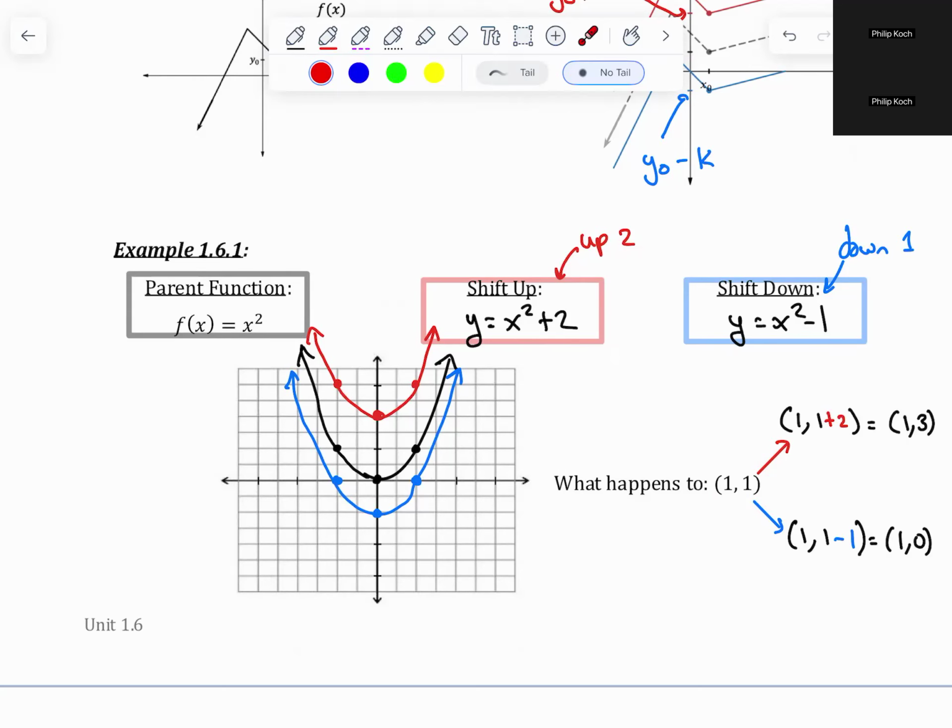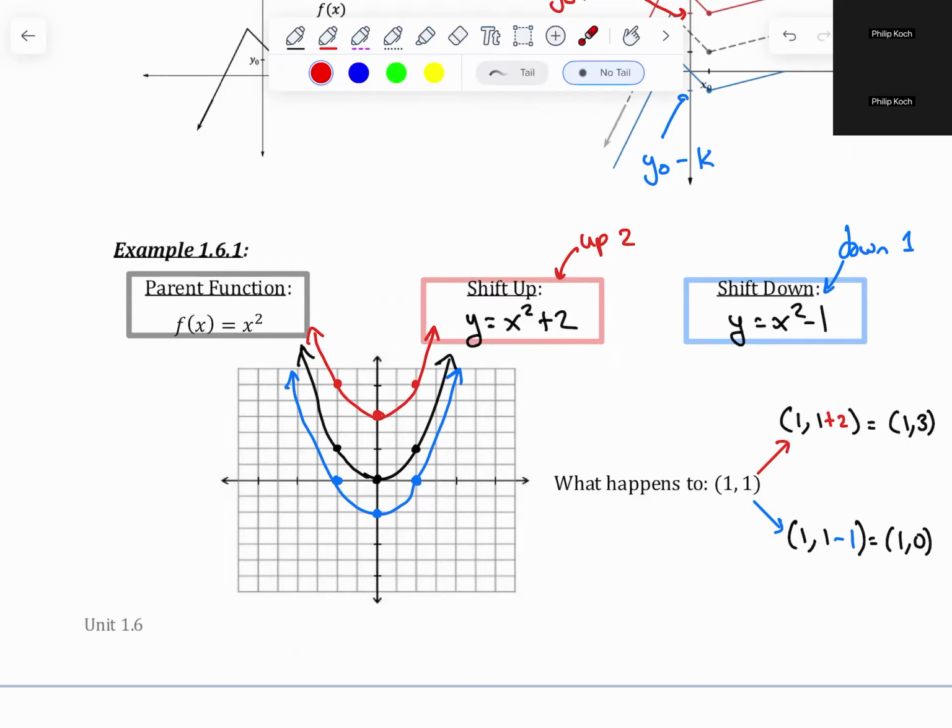The b is usually reserved just for lines, but yeah, like the y-intercept, it just gets shifted up to whatever number you've added to it, or shifted down to whatever number you've subtracted. Is that okay? Yeah. And so, Thomas, what was your question again?